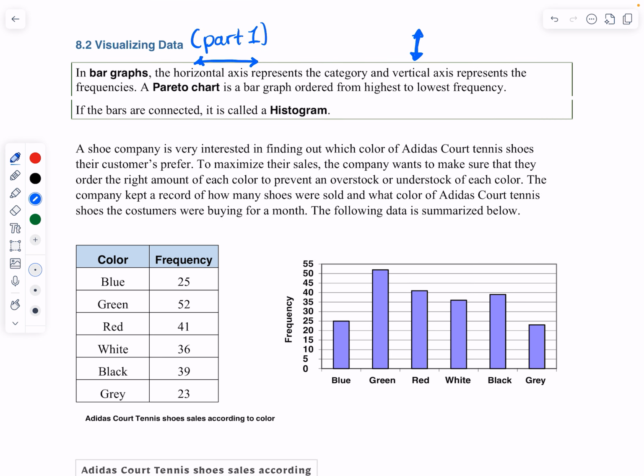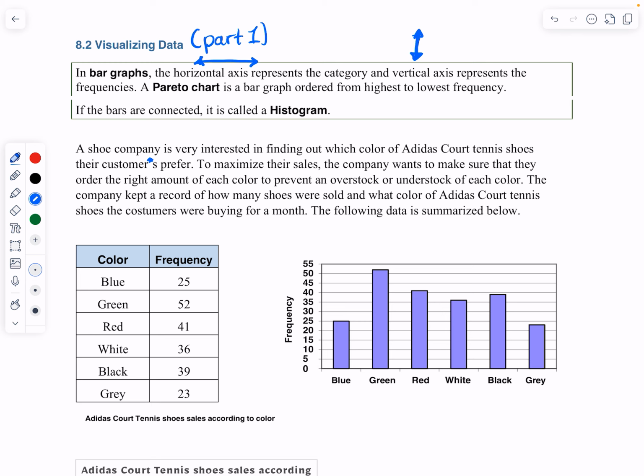A shoe company is very interested in finding out what color of Adidas court tennis shoes their customers prefer. And that shouldn't have a comma there. To maximize their sales, the company wants to make sure that they order the right amount of each color to prevent an overstock or understock of each color.